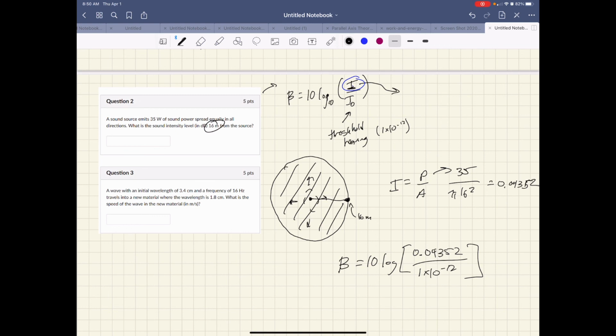Then you take the log of that value, multiply it by 10, and you end up with about 106.8. We'll round it up to 107. Again, it was 106 something, but I had to clear my calculator. I believe it was around 107 decibels.